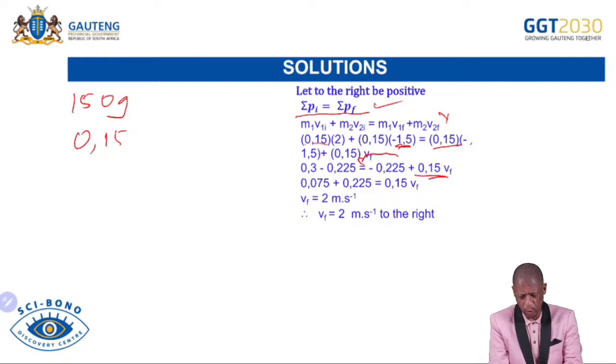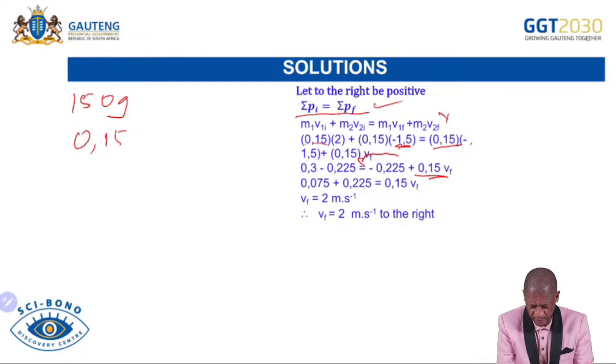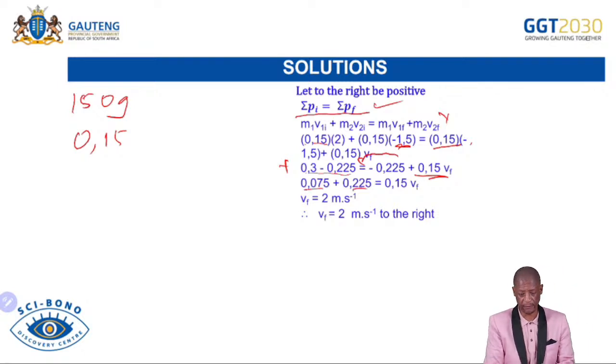Then if you group all your numbers, because this one is positive, you start here, subtract this one, adding to this one because it's going to be a positive when it comes this side. Then it gives you this one, you transpose this one, it becomes positive, then equals to the one that remains.